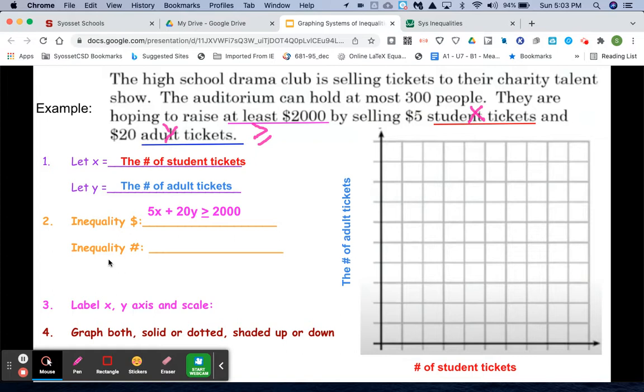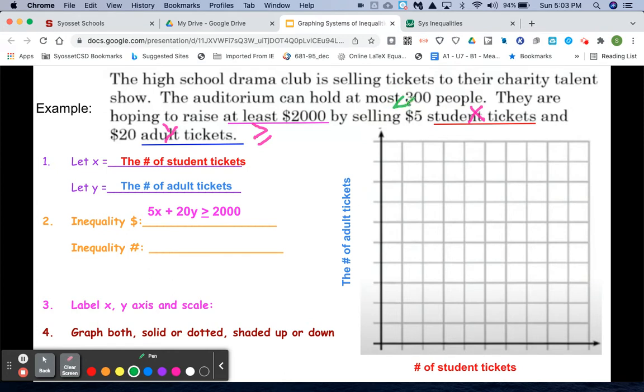Now let's look at the second inequality, the number of tickets. Remember, this has nothing to do with money, so we're not going to multiply by $5 or $20, and it's not going to add up to at least $2,000. We're talking right now about the amount of people, and it says at most 300 people. So what does at most mean? At most means I can have less than 300 people in this auditorium.